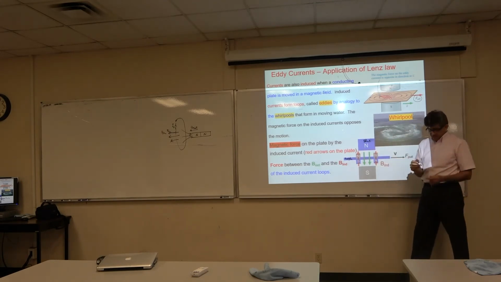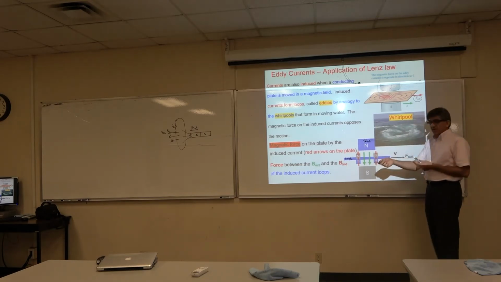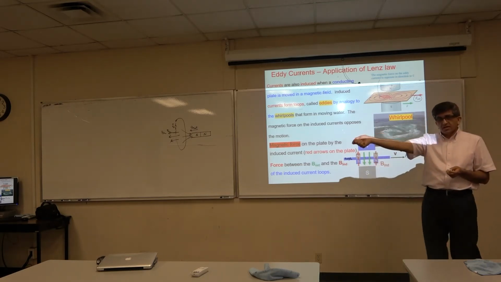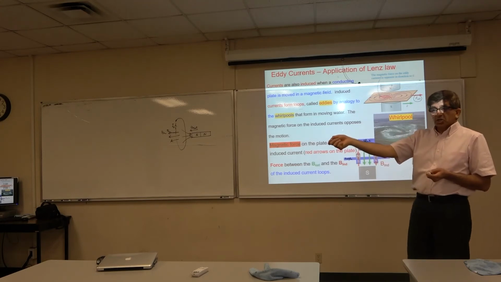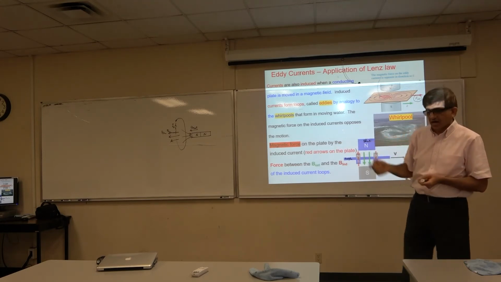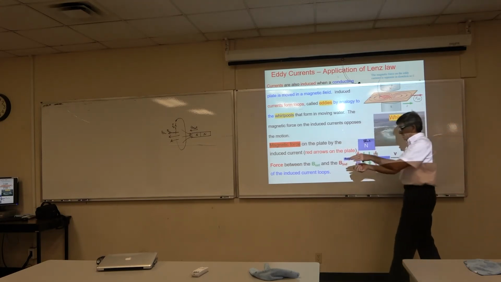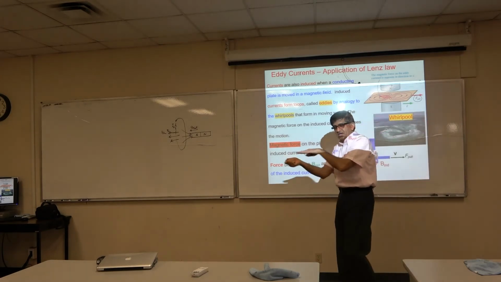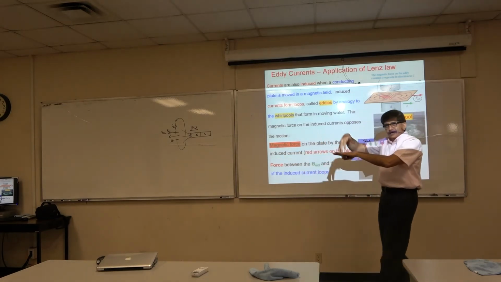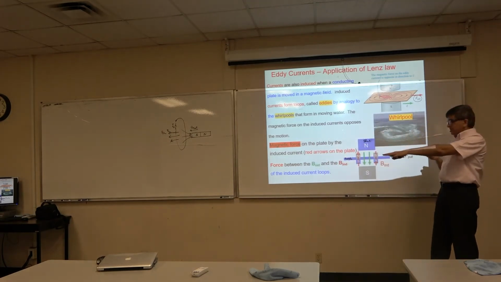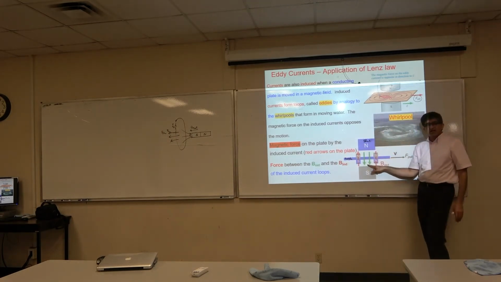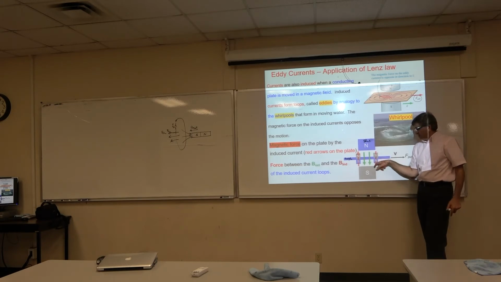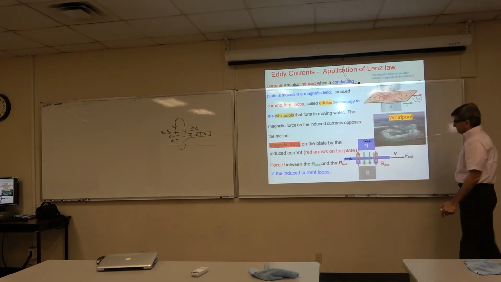So keep in mind, when I pull the conducting plate, I change the magnetic field. Although there is a permanent magnet, I am changing how many field lines are passing through the conducting plate. As a result, I will have an induced magnetic field, which will be opposing this cause, right?